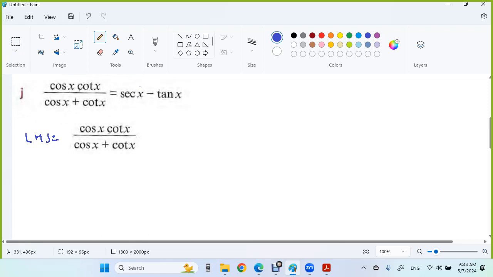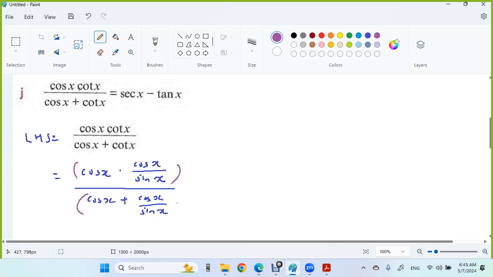We know that the cotangent x is the cos x over sine x. So we have the cos x plus the cos x over sine x. So we multiply with the sine x here.